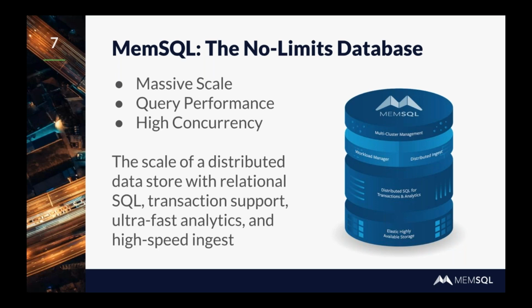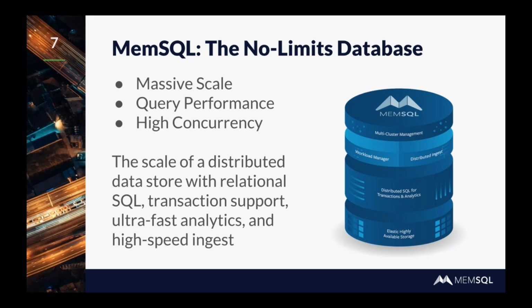Now, when you run multiple workloads in a single system, you've got to make sure that you prioritize the queries appropriately. And that's why we have the workload manager, allowing you to say, this set of queries is more important than this set, and make sure it gets the resources that it needs in order to meet the SLA for that workload.